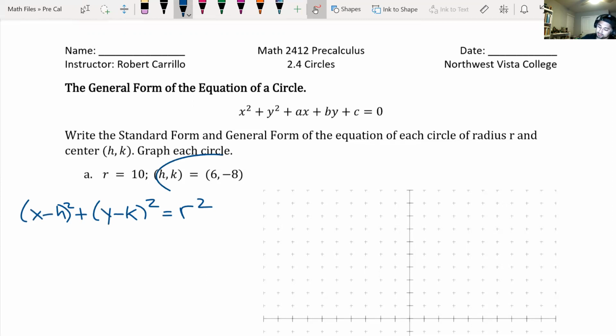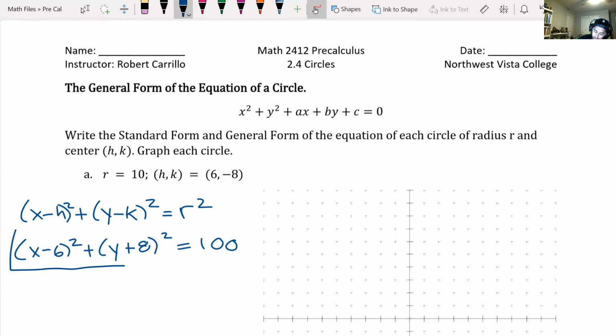They're giving us the center, they're giving us the radius. So let's plug them in. You'll get x minus 6 squared plus y plus 8 squared equal to 100. Okay, so this is the standard form.